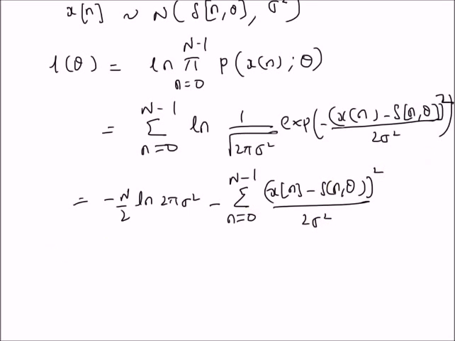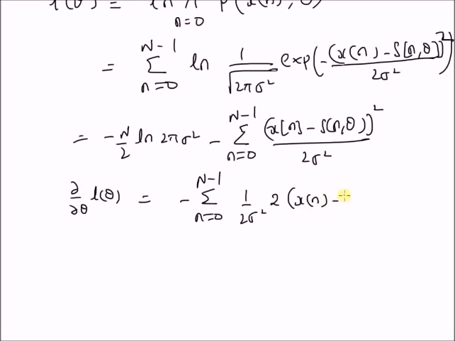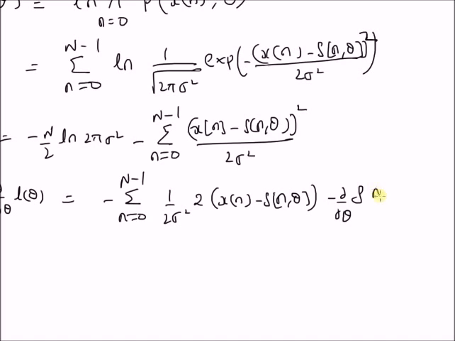So the first derivative of the log likelihood function with respect to theta is equal to minus summation n equal to 0 to n minus 1 by 2 sigma square into the derivative of the square, which is 2 times x of n minus s of n comma theta, and multiplied by the derivative of s of n comma theta. So there is minus derivative of the signal s of n comma theta.